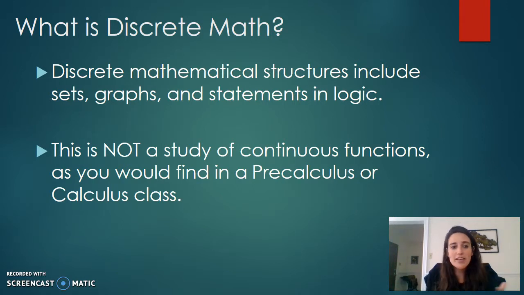We'll talk about each of these throughout the semester, but when you hear the word graphs, you might think of something like the graph of a line, or maybe the graph of a parabola. The graphs we'll study in this course are different than those graphs. These graphs will be vertices, which are connected by edges. An example of a graph could be something like a computer network.